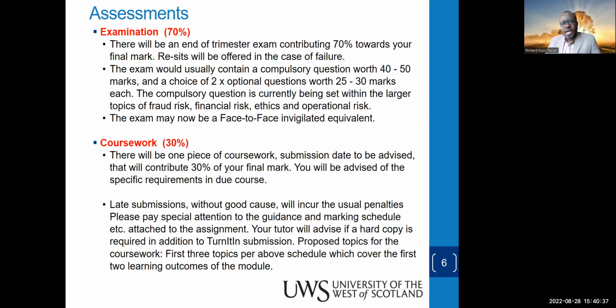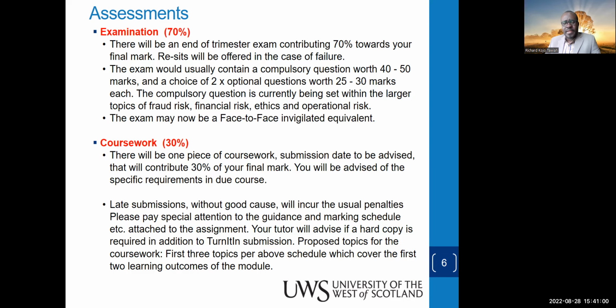Exams will carry 70% weighting of the overall marks. I don't normally want to talk about resits, but some uncontrollable circumstances could cause us to have a resit. Whatever the case, we will survive, okay? Normally, you get 1 full compulsory question that carries 40 to 50 marks.